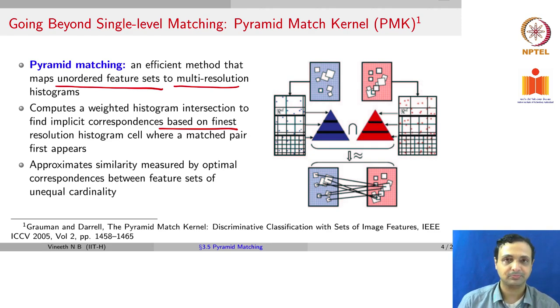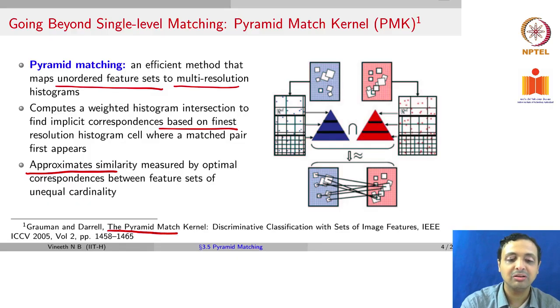The work has a very nice interpretation where it can be shown that it approximates a similarity in a partial matching setting, where if you had only a partial set of features in one image match a set of features in another image, the pyramid match kernel approximates that optimal partial matching between those two images. For more details, I would also recommend you to read this paper called Pyramid Match Kernel. It's written very well and explains some of these ideas in detail if you're interested in knowing more.